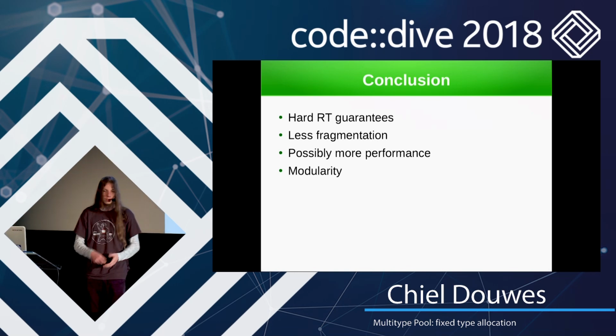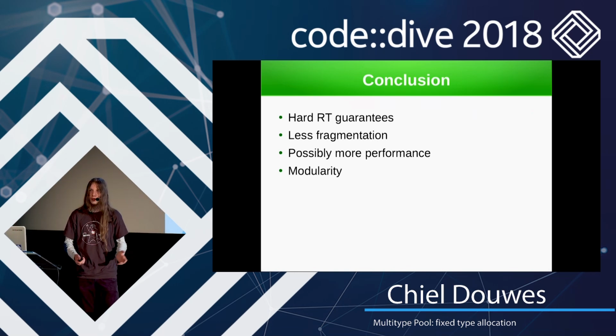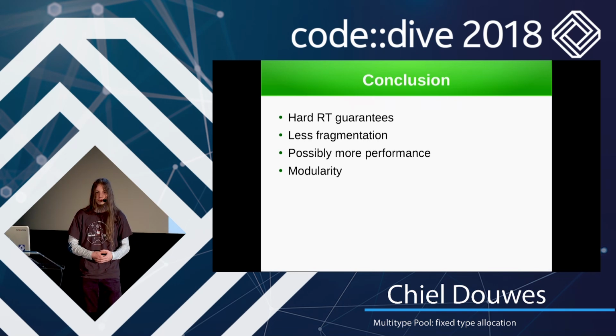And with the modularity, you may know about using top-level allocators that keep track of allocations and deallocations, so you can test for memory leaks. That is also something you can do in this structure.